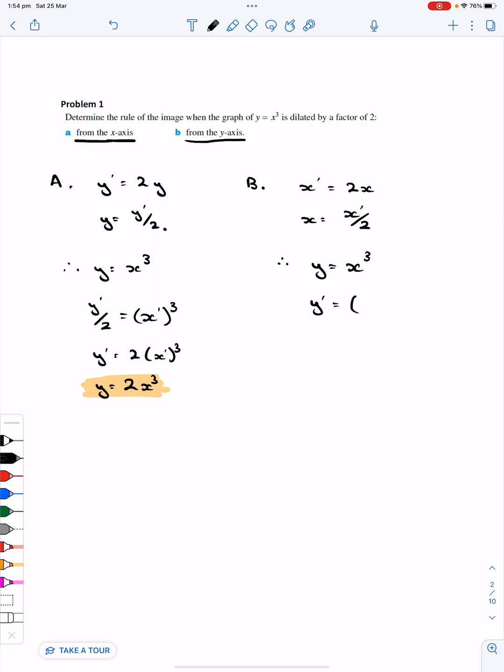Y image equals x image on 2, or cubed. Y image equals x image on 2 cubed, and I can see here that 2 cubed is 8, and therefore my transformed expression is x cubed on 8. That's my answer.